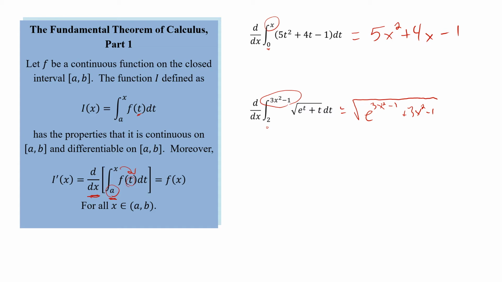And now that's where people stop when they don't want to get the problem correct, because there's another thing. We need times the derivative of whatever it is we're plugging in. Up in this first problem, that was just times 1. But now we actually have something we can take the derivative of and get something more interesting. So we have the square root of this stuff, and then times the derivative, 6x. There we go.